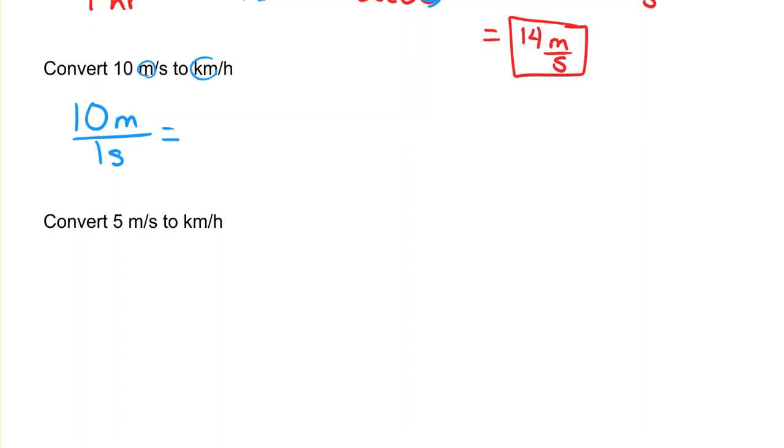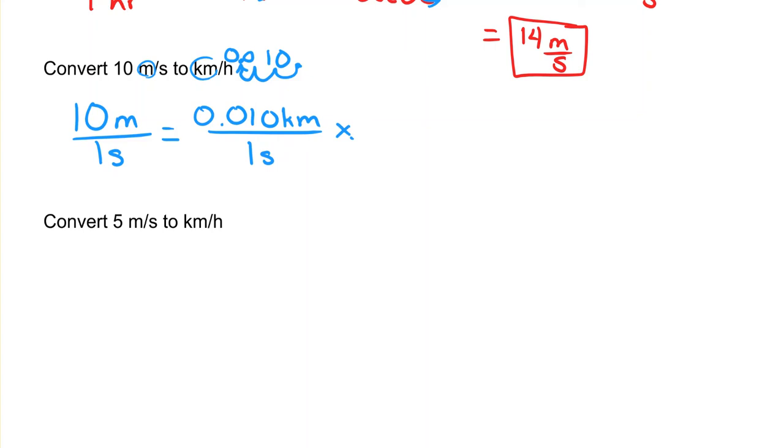So our decimal has to shift to the left because we want to make our number smaller. So 10, that's where the decimal is. And 1, 2, 3, so 0.010. Okay, cool. 0.010 kilometers every second. When you're traveling 10 meters per second, you're going 0.01 kilometers every second.